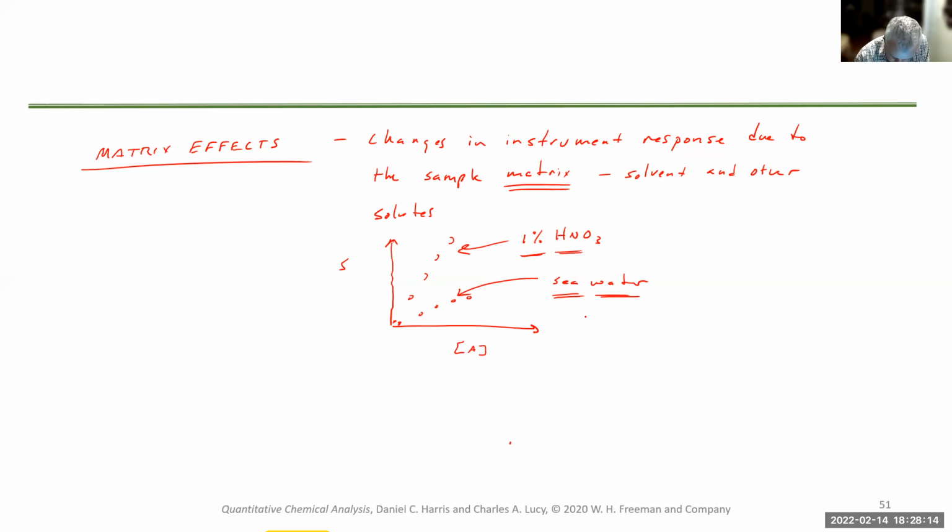So let's say you have a beaker and you have a tube going into this beaker and it's going through a pump. That pump has little rollers here, and this pumps a flow to an instrument.